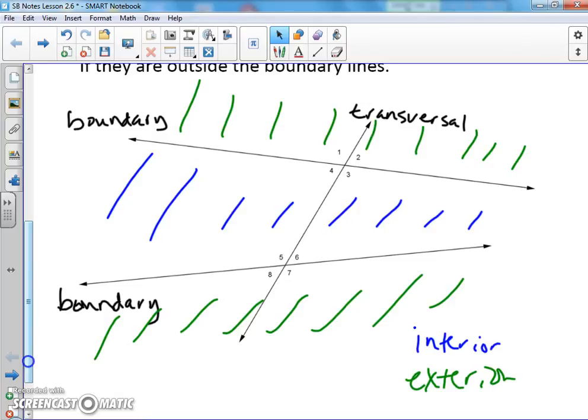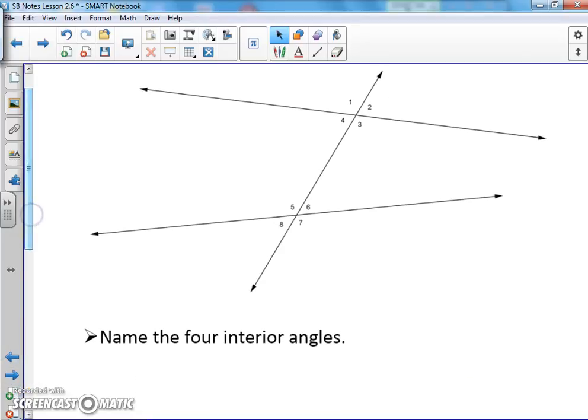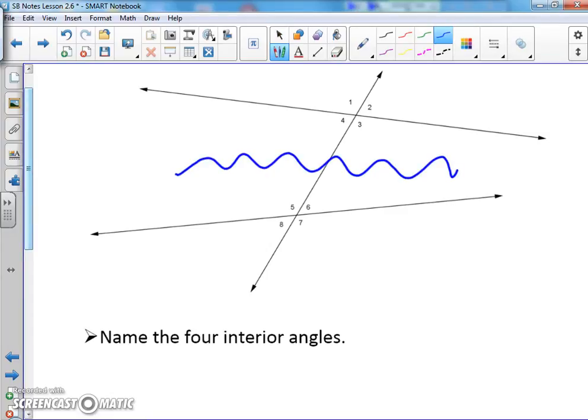The next thing it's going to ask you to do is actually name interior and exterior angles. So when I'm looking at this figure, my interior are the angles within the boundary line. This is my interior region, so my interior angles would be angle 4, angle 3, angle 5, and angle 6.